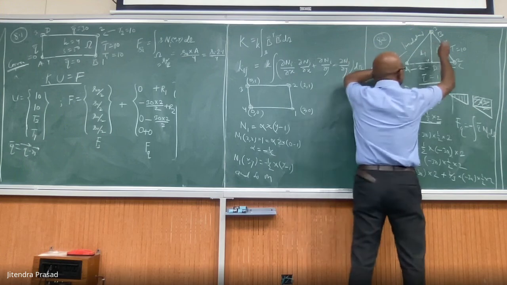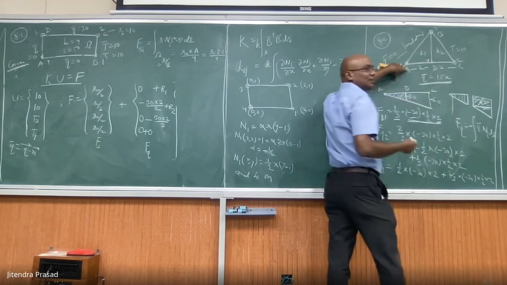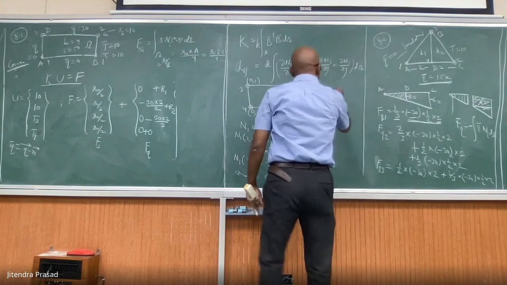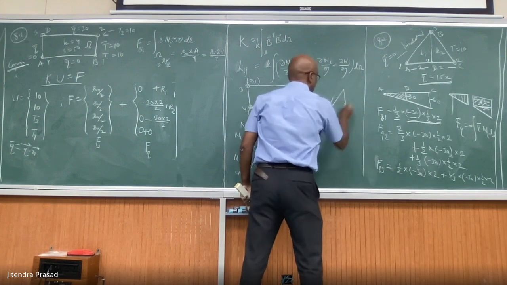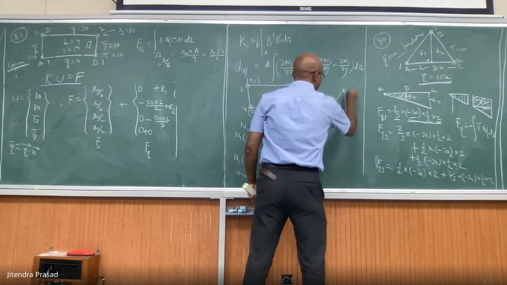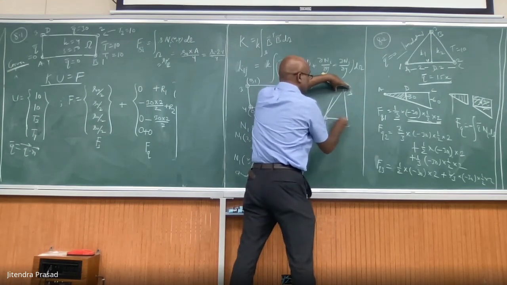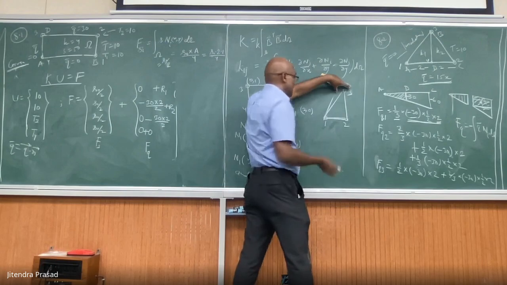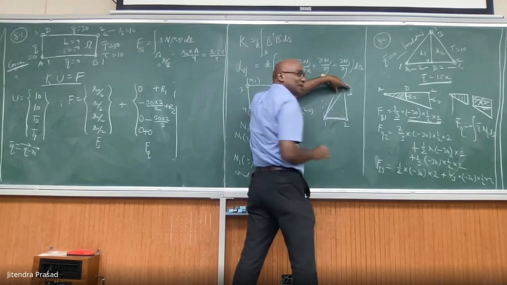If you say N1 will vary linearly from here to here, N3 will be 0 here, right? So if you take only one element here, let us say you have 1, 2, 3, N3 will be 0 here. N1 will vary linearly.